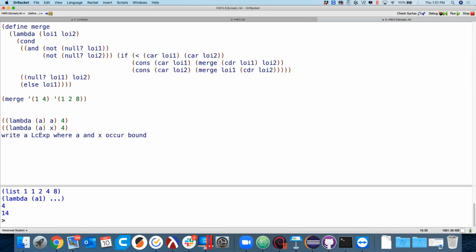Take 2 minutes and try to write a lambda calculus expression, anything that fits the rules of that grammar, regardless of whether you think it makes sense for a language. It just meets the laws of the grammar. We want one where A and X occur bound.